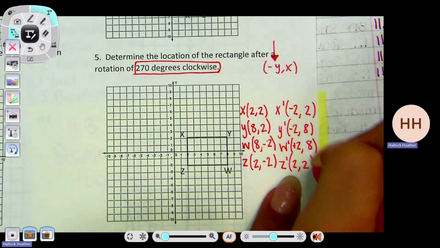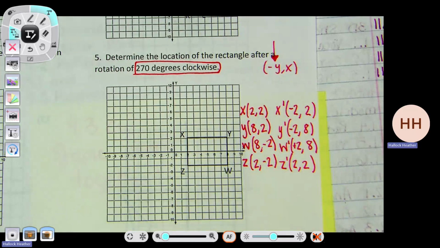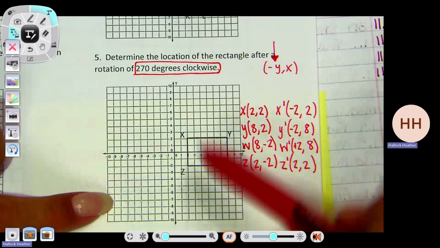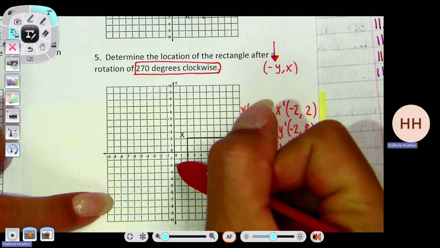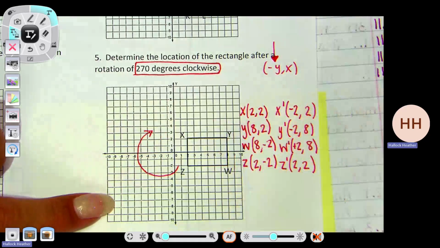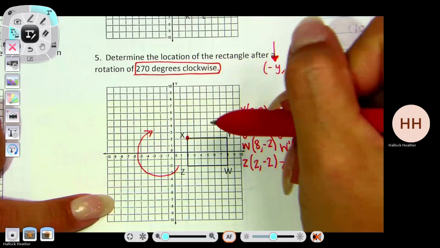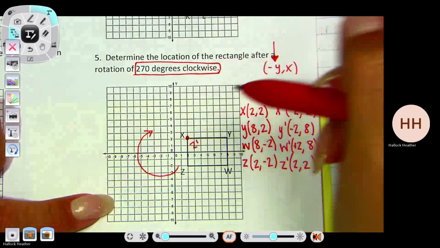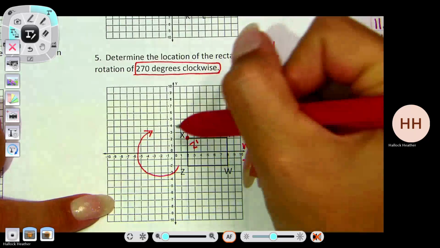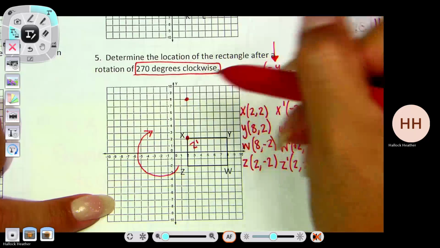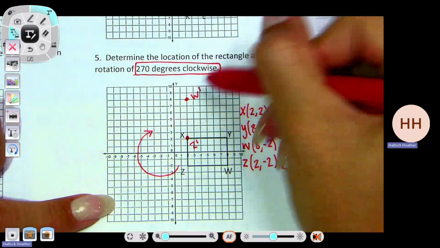So take a second. We're going to plot our points. It's 270 degrees clockwise, so like a clock going around. It's moving 3 quadrants technically to the right, but it's like going underneath itself because it's 270 degrees. This is what we did on Friday. This is not new.